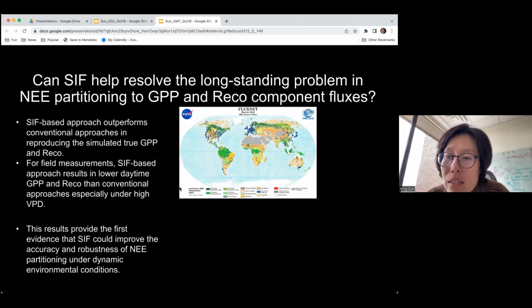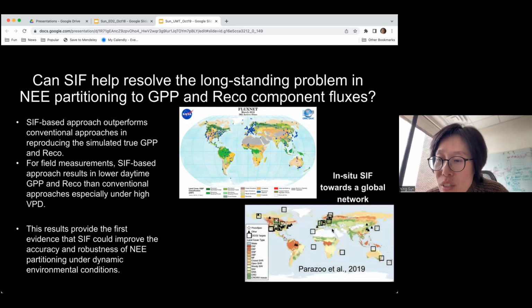But when we look at the global scale, say this is FLUXNET, and now there has been a growing number of fluorescence measurements across the globe. We can see the coverage is, of course, not nearly as many as the other eddy covariance sites across the globe, but they are still emerging and growing.